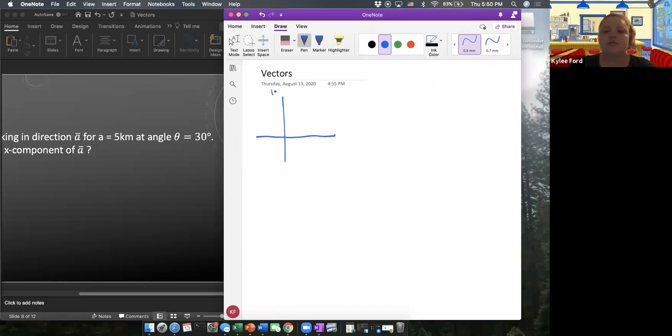This is going to be my y-axis and this is going to be my x-axis. Then I'm going to put in my vector at about 30 degrees. So there is my angle and there is my vector. Again, we want to find the x component of our vector A.